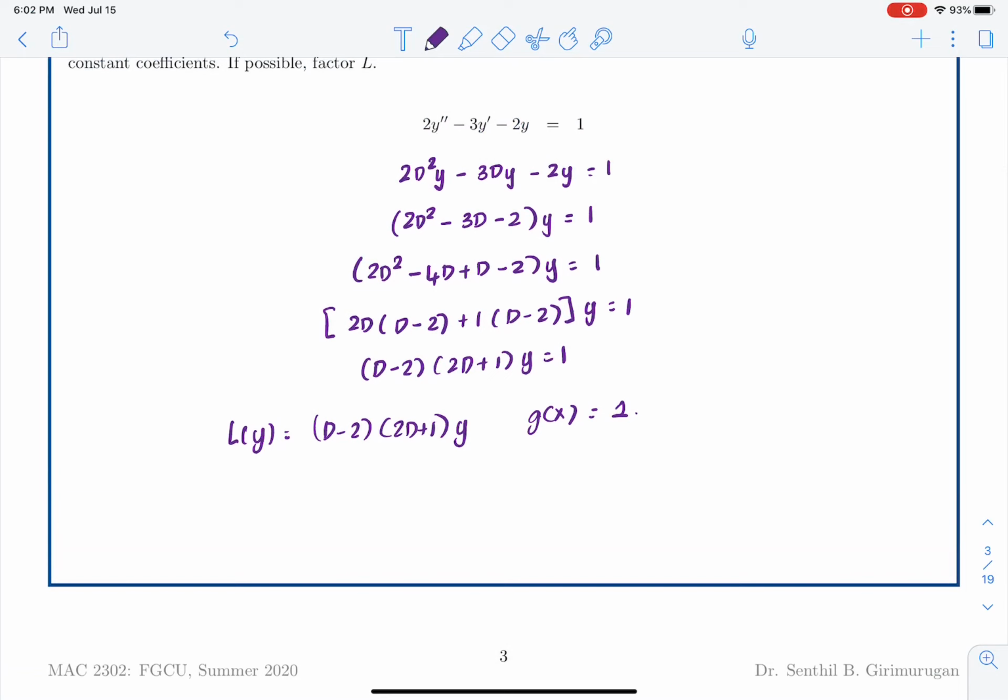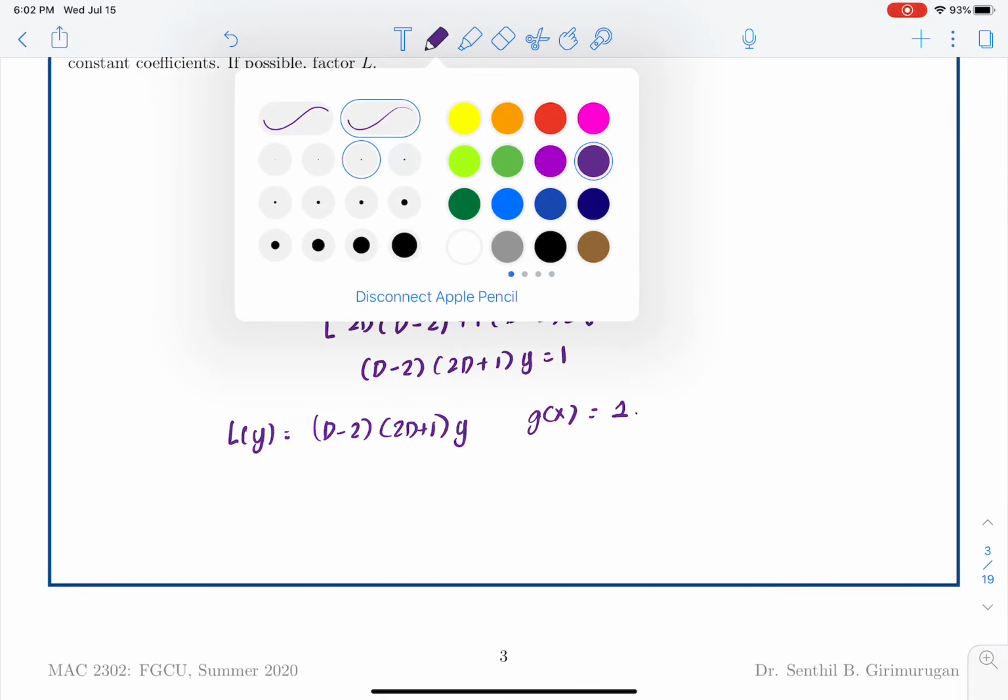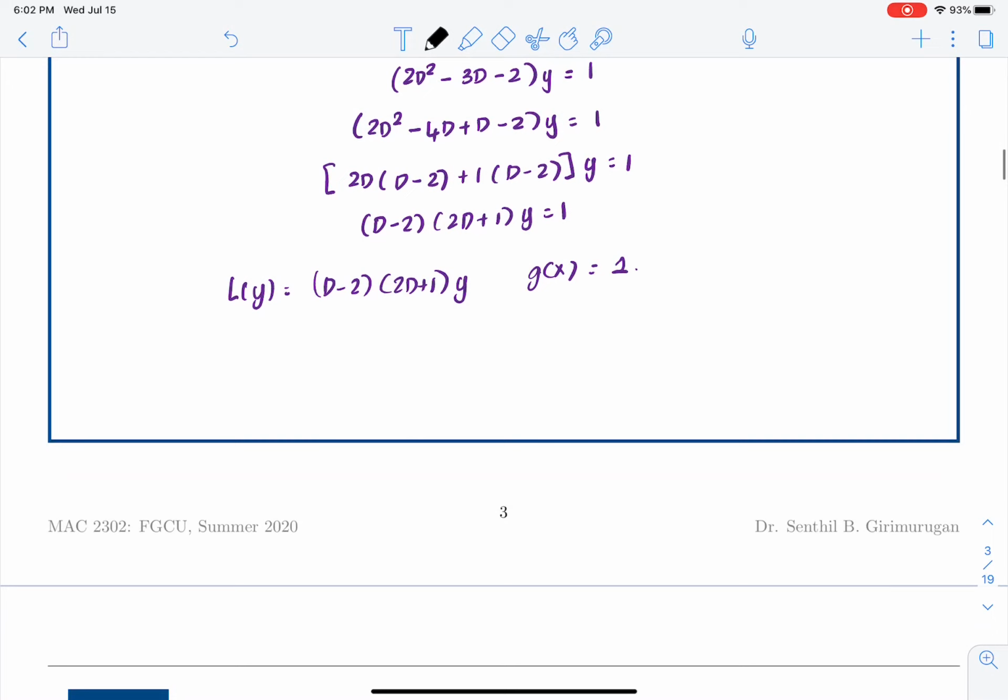And if you look at this differential equation, the auxiliary equation is 2m squared minus 3m minus 2 equals 0.